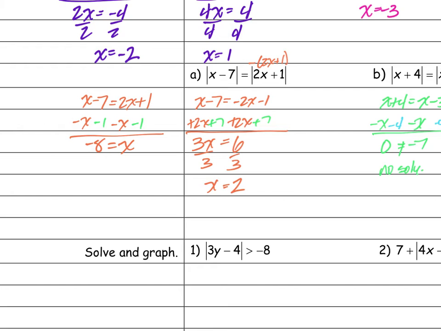Let's see, negative 2x minus 1. Nope. Okay. Oh, sorry. Okay, great. Can I go on now? JJ, are you good too?